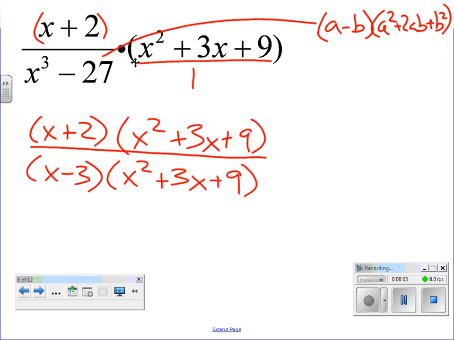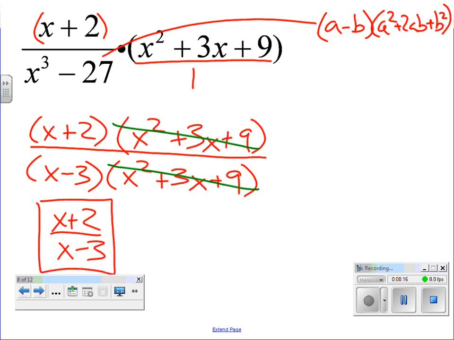And notice here we have two large sets of quadratics that cancel each other out. Those two are identical, and then you're left with x plus 2 divided by x minus 3. Okay? So there's your final result. So everything can be factored, not just with simple binomial times binomial, but looking for that pattern.